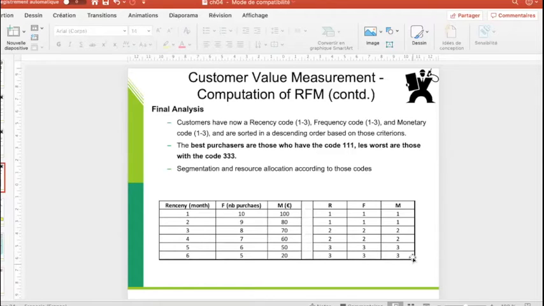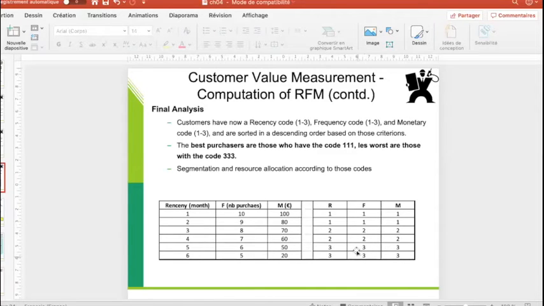This means that you have segmented them into 3 groups, and you can allocate resources to them according to these codes. In priority, you will invest resources into the 111 platinum customers. You will invest less money, an average amount, in your silver customers, the 222. And you will invest no resources in your worst customers, the 333 customers, which means customers who did not buy recently, so they are inactive.